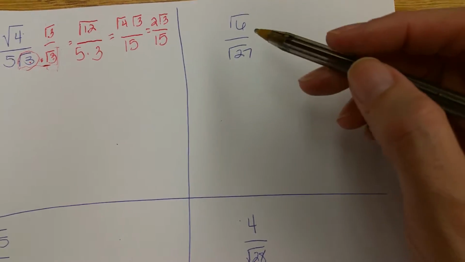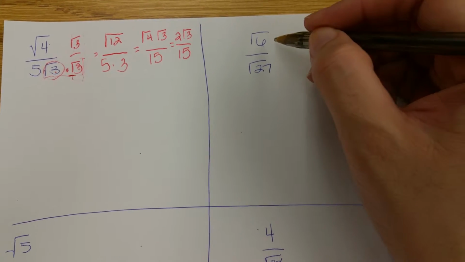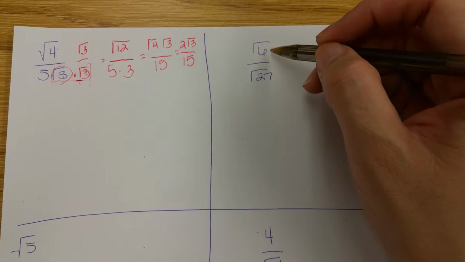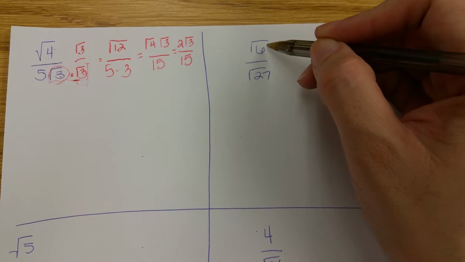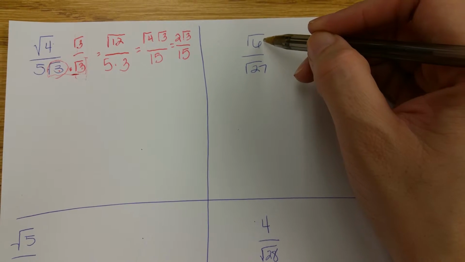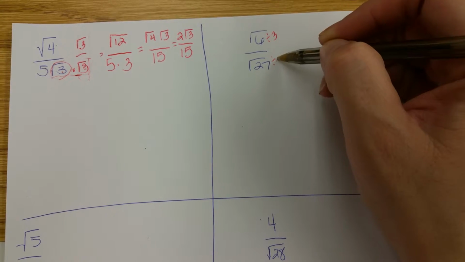So this next example, the square root of 6 over the square root of 27. Well, before I start reducing anything, taking square roots or anything like that, I'm going to divide these out as best as I possibly can. I'm going to reduce these the same way I would reduce a regular fraction. I can divide 6 and 27 by the common factor of 3.